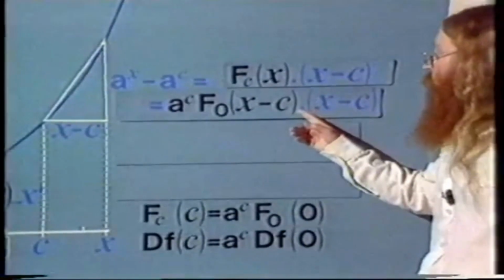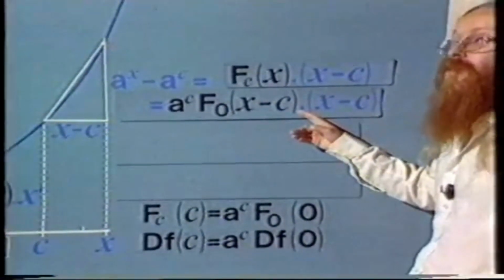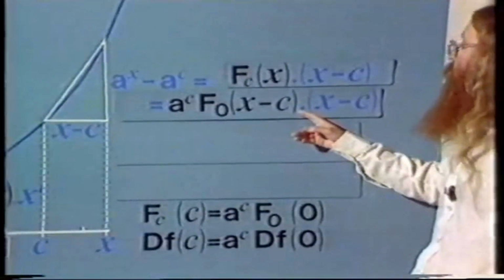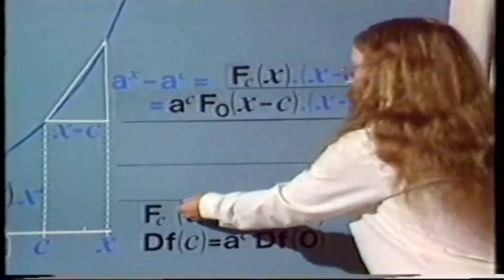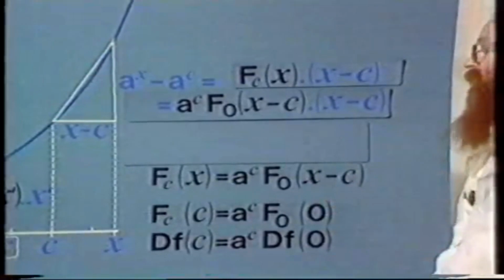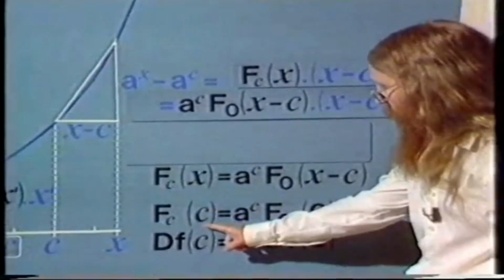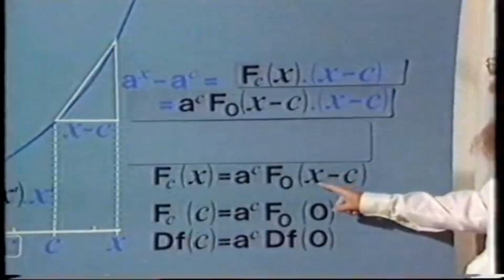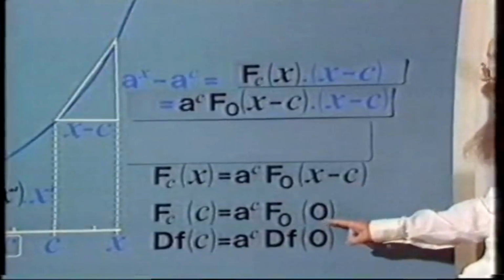So it looks like this is an alternative representation for the chord slope function. And since the chord slope function is unique, it looks like these two expressions must be equal. That is, we have this identity. Well, that's exactly what we want. You see, if we substitute x equals c, we get this, and if we substitute x equals c here, we just get 0. That's what we wanted.